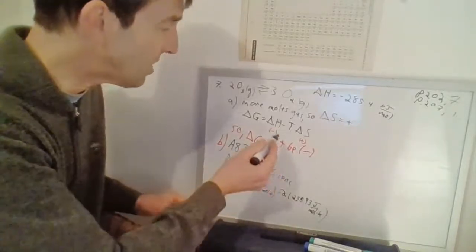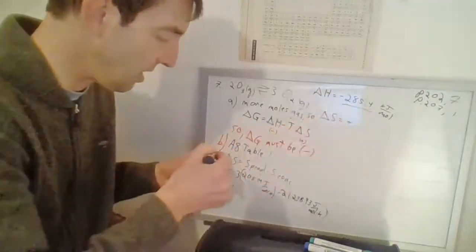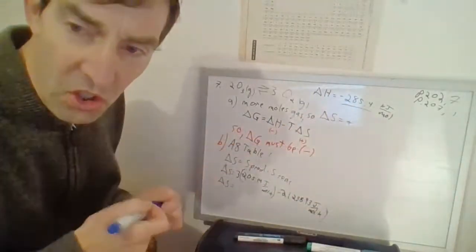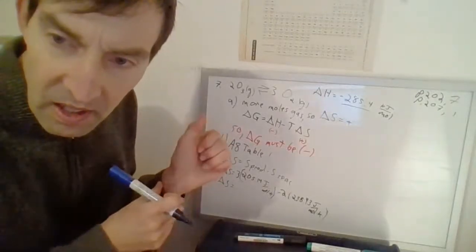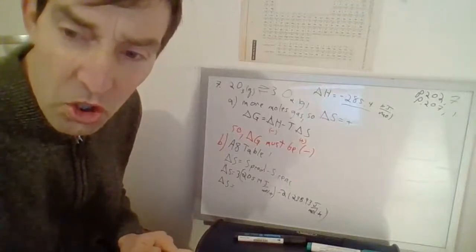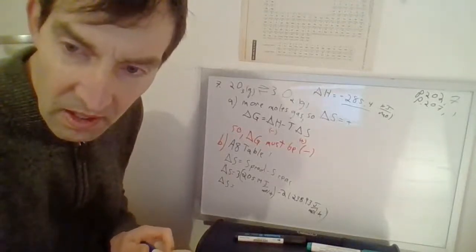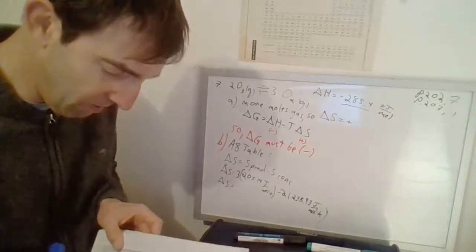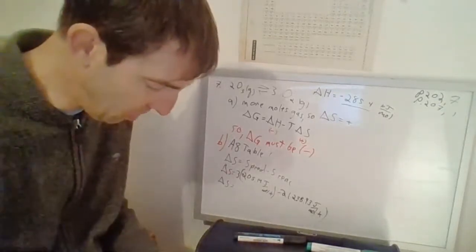Voila. You got delta H. Voila. And here's what they want you to do, Bella. They want you to use 2 methods. Let me go back now to the question.